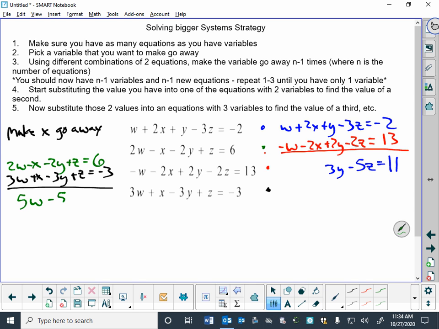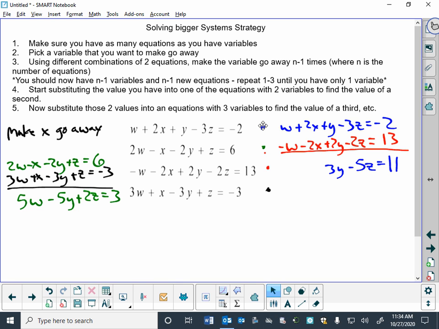I've got minus 5y plus 2z is equal to 3. So there's the x gone twice. One is a combination of the green and the black, one with the blue and the red, and now I'm going to have to get a little bit more creative.